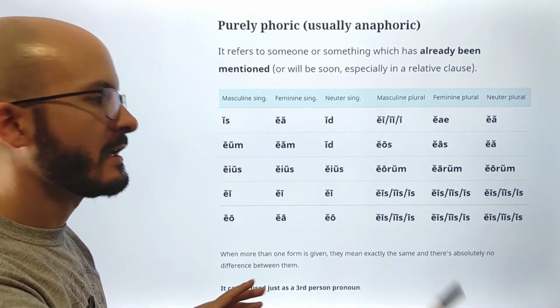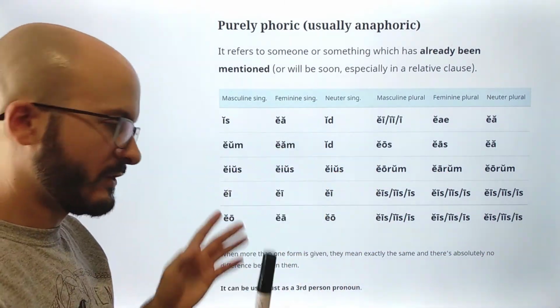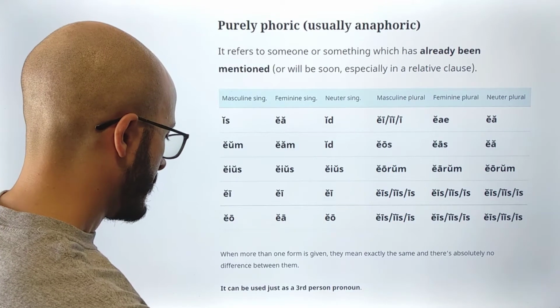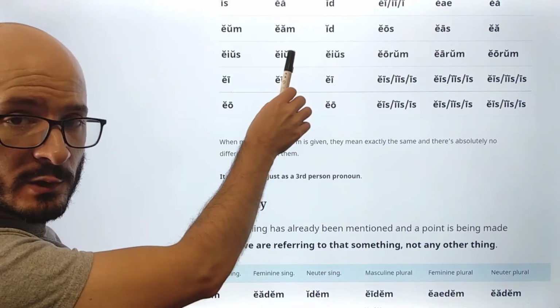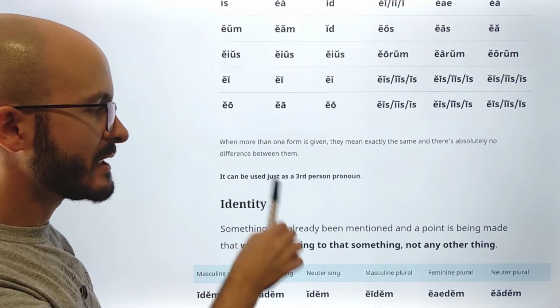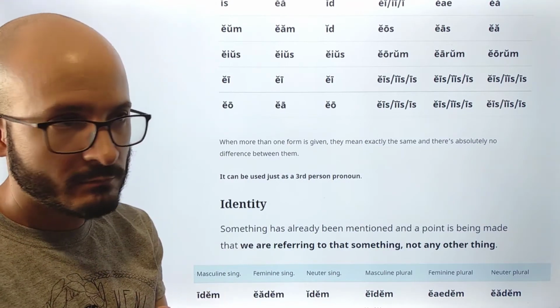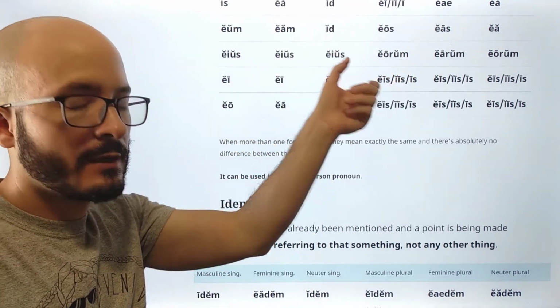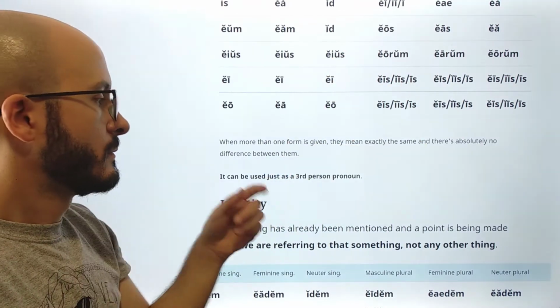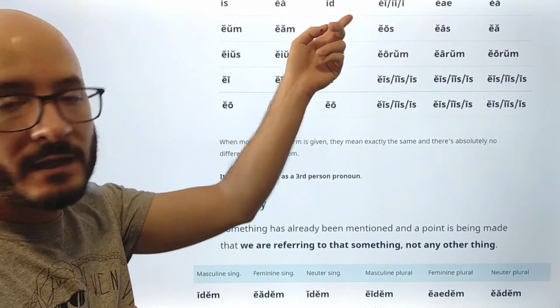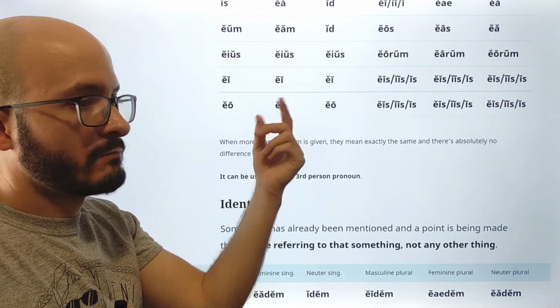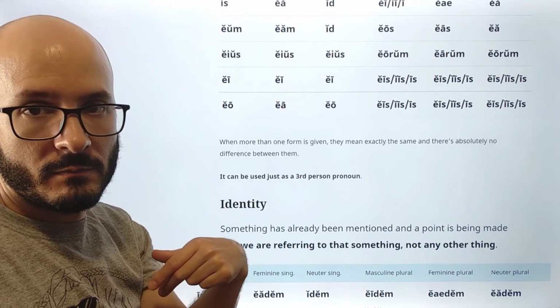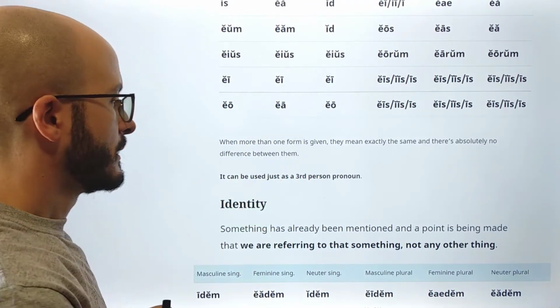There is no difference of any kind, okay? And then this one can also be used just as a third person pronoun. Sometimes we will find ille, illa, illud to mean he, she, but also is, ea, id can be used as he, she, etc.